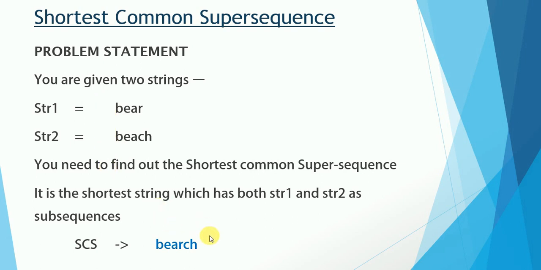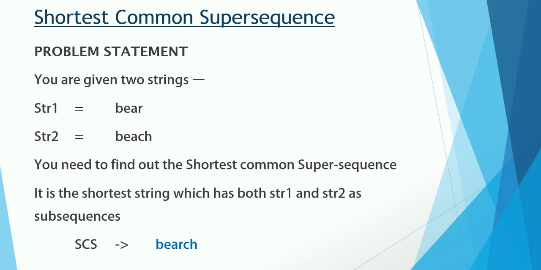After we have found it, we just add the remaining characters from string 1 and string 2, and that will make our shortest common supersequence.